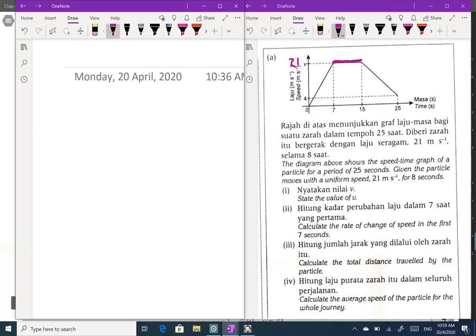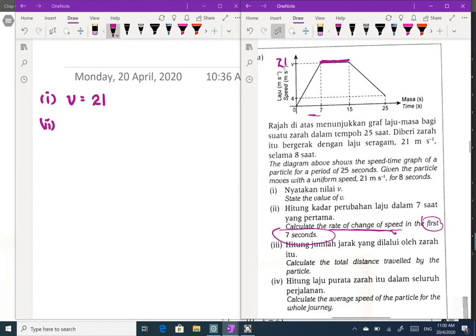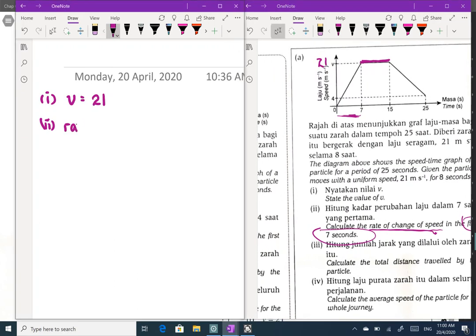Number 1, state the value of V. So what is your V? So V is equal to 21. Number 2, calculate the rate of change of speed in the first 7 seconds. First 7 seconds is here. Okay, the rate of change of speed is equal to our gradient of the graph.